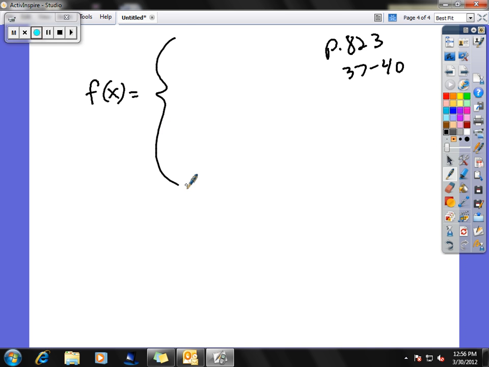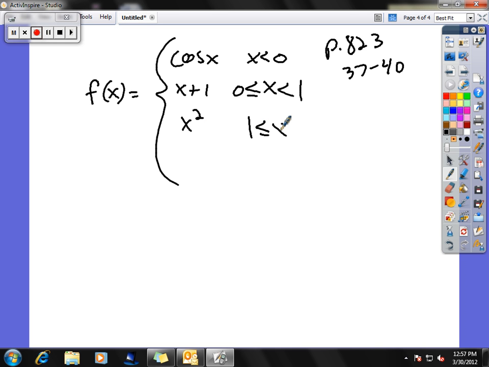So we got f of x equals cosine x for x is less than 0, x plus 1 for 0 is less than or equal to x, which is less than 1, x squared for 1 is less than or equal to x, which is less than 3, and 12 minus x for x is greater than or equal to 3.